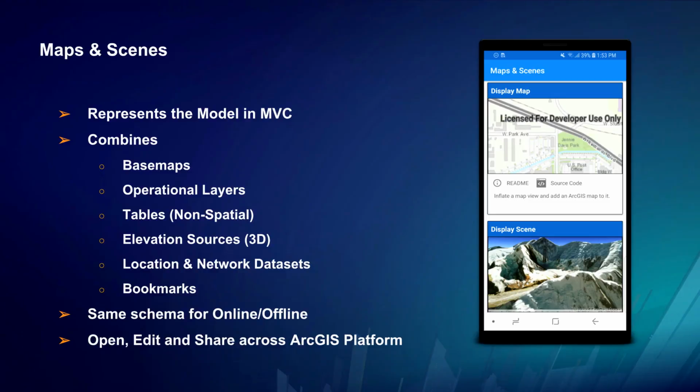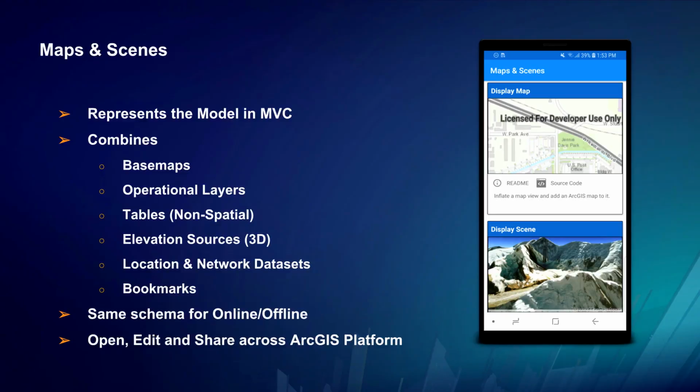This map has the same schema, whether you're working with online or offline, whether you're working with Pro, Runtime, or ArcGIS Online. So the schema remains the same, and it's fundamental because you can open these maps in any product, edit them, and share them across the ArcGIS platform.